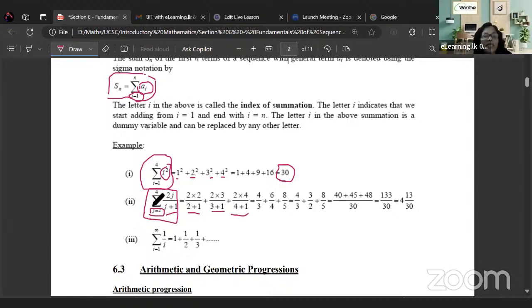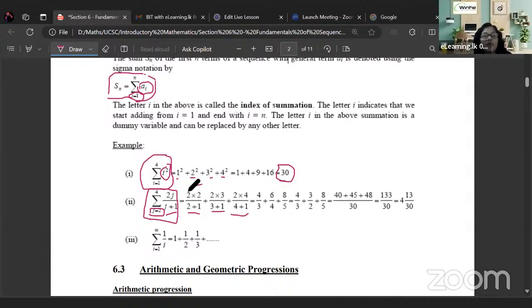Then you can increase j by 1. 2 plus 1 is 3. And then 3 plus 1, 2 into 3. Then when j becomes 4, 2 into 4 divided by 4 plus 1.